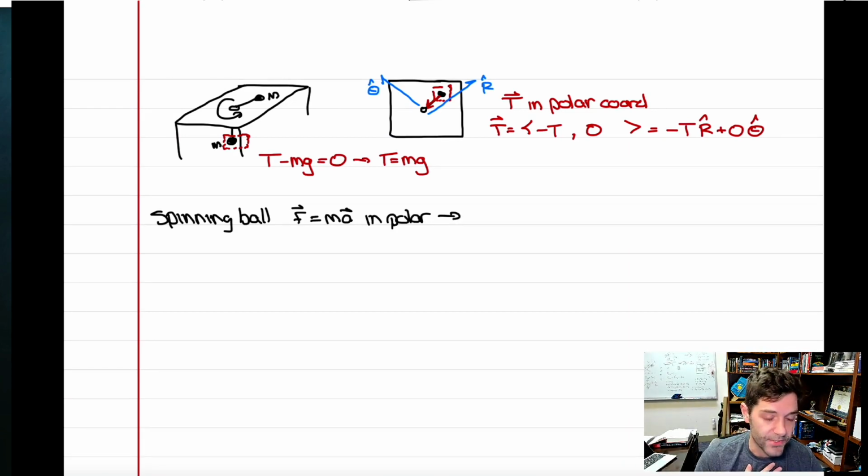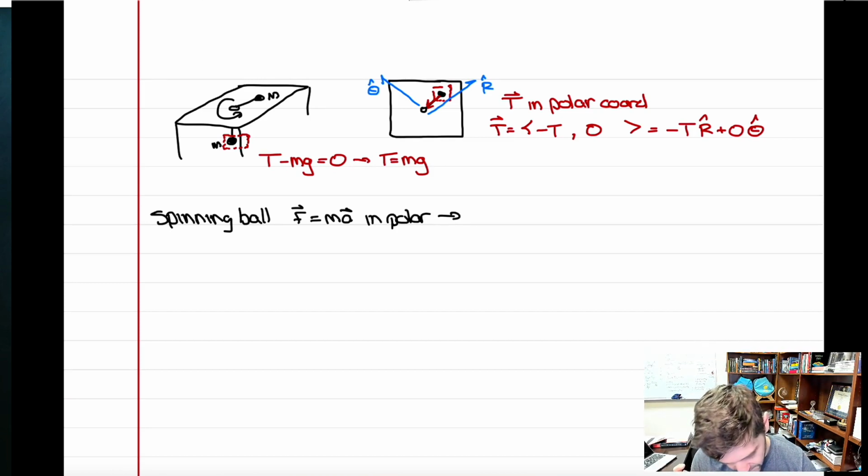Well, I should ask, are there any other forces acting in the plane of the table? And there's not. The table, of course, has a contact force, but that's pushing out of the page, and that is being balanced by gravity. You don't need polar coordinates to do that component, but this part, the spinning part in the plane of the table, we're going to use polar coordinates.